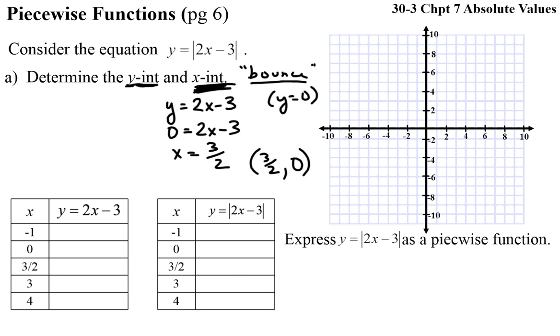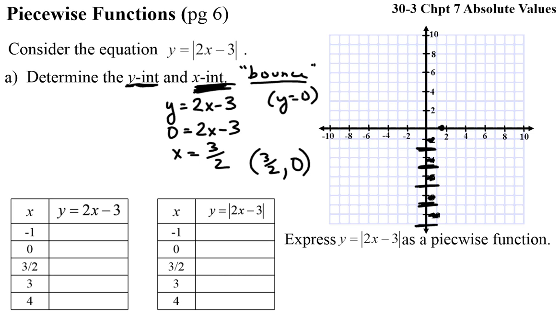So that tells us for this graph at 3/2 or 1.5, which is about there, that's where we should be getting our bounce point. So at 1.5, we're getting our bounce point. We're hoping. That's our x-intercept.